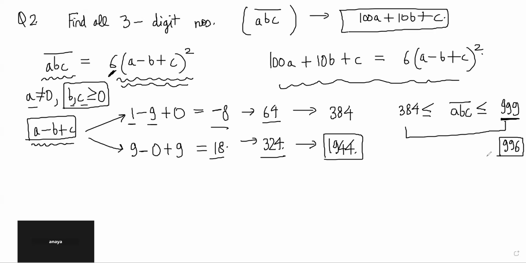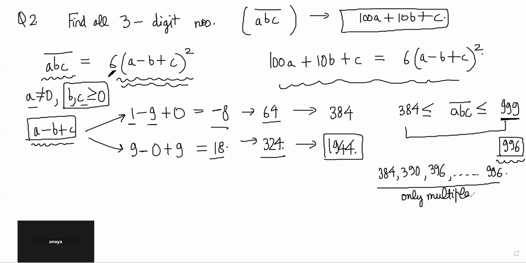So it is not 999, it's 996, and only multiples of 6 we have to worry about. So our numbers are out of these: 384, 390, 396, and so on till 996. Only multiples of 6 are allowed.